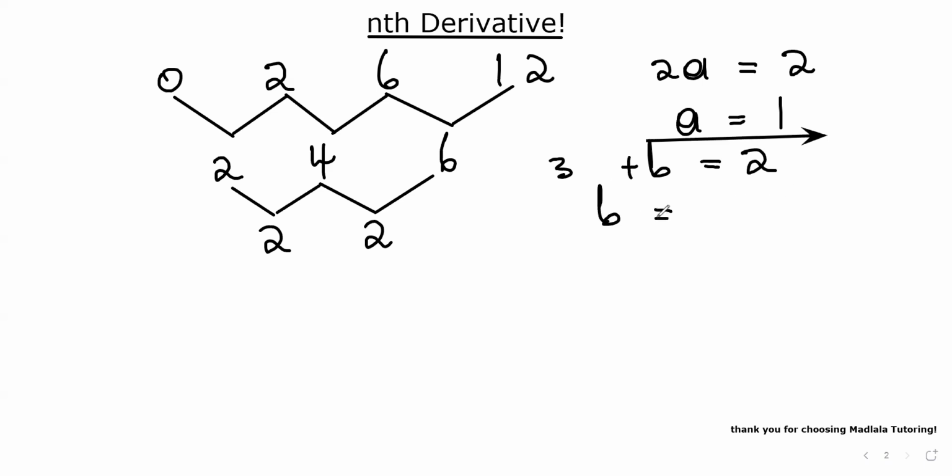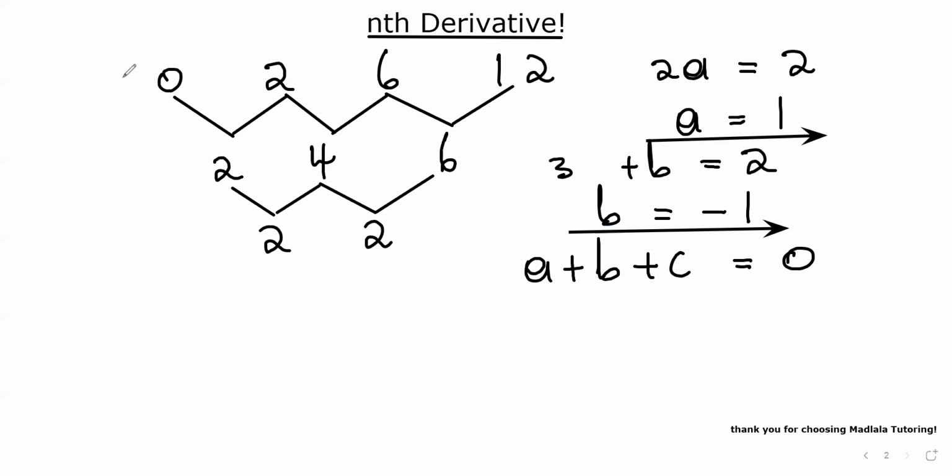So this means the value of b will be -1. But we also understand that a plus b plus c is going to give us the first term of the quadratic pattern itself. And since we know that a is 1 and that b is -1, we have 1 minus 1 plus c, which means c will be 0, right?